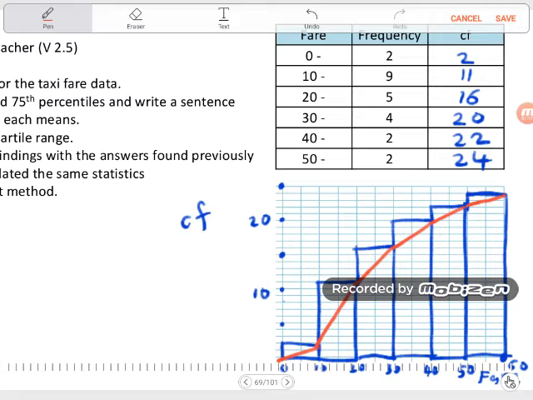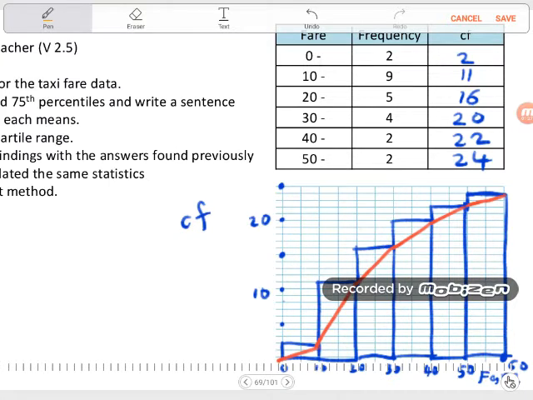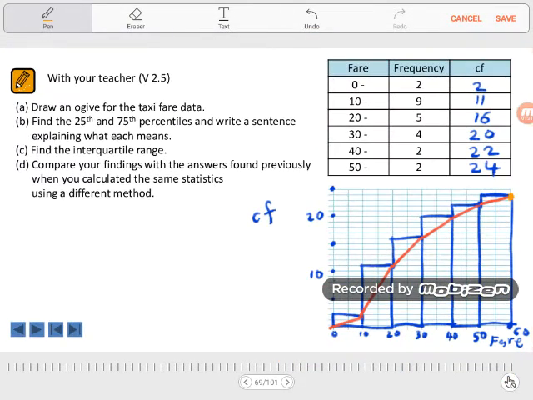So we're going to look at this percentage scale. Over here we've got the cumulative frequency, but on the right here we're going to do a percentage scale. Up at the very top is 100%, and down at the very bottom is 0%.